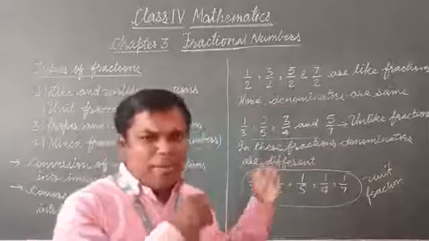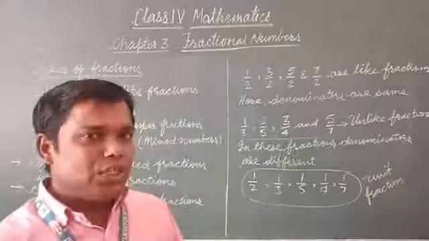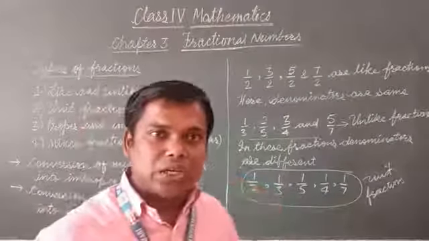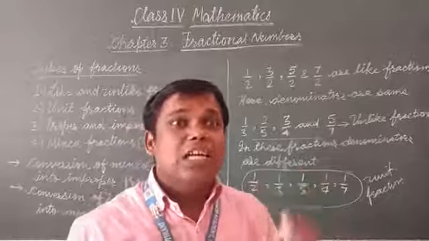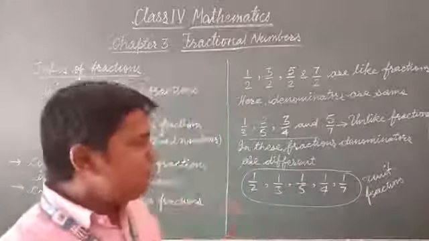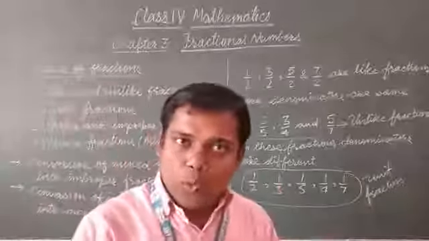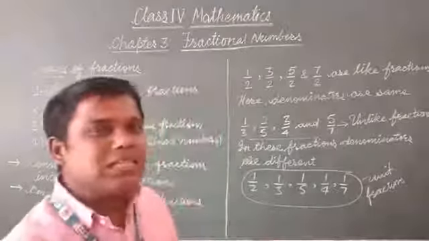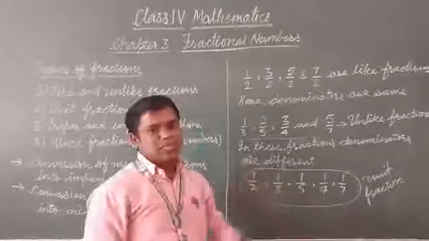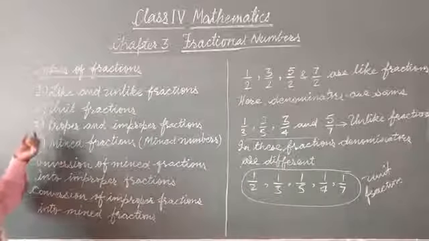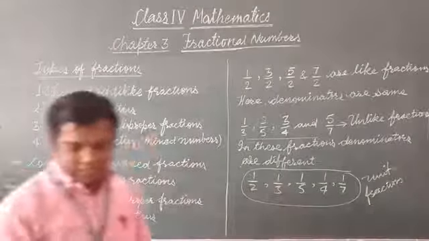If many fractions are given to you and you have to check whether they are unit fractions or not, you only see the numerators. If the numerators of the fractions are 1 in all cases, then all the fractions are called unit fractions. Okay. Next is proper or improper fraction.